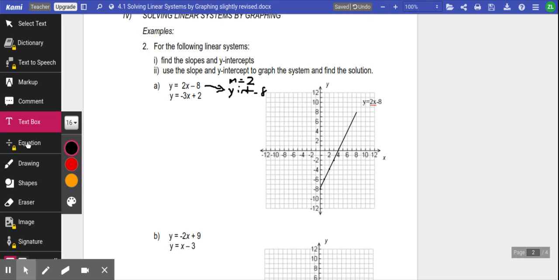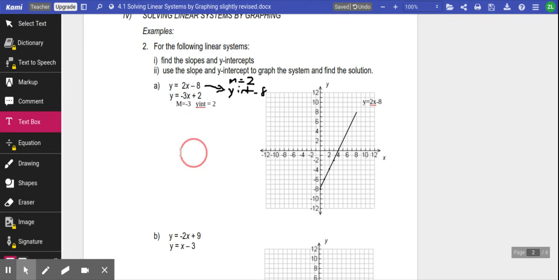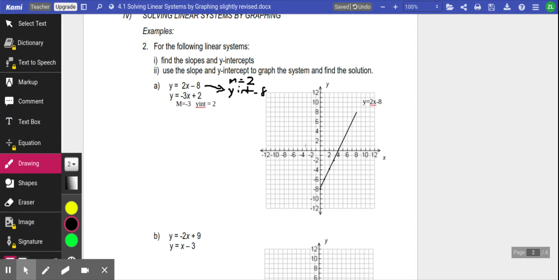Our next one has a slope equaling negative 3 and a y-intercept equaling 2. If I was to draw this in, I would have a y-intercept of 2 and a slope of negative 3. So that would be down 3, over 1 to the right, and then down 3, over 1 to the right.